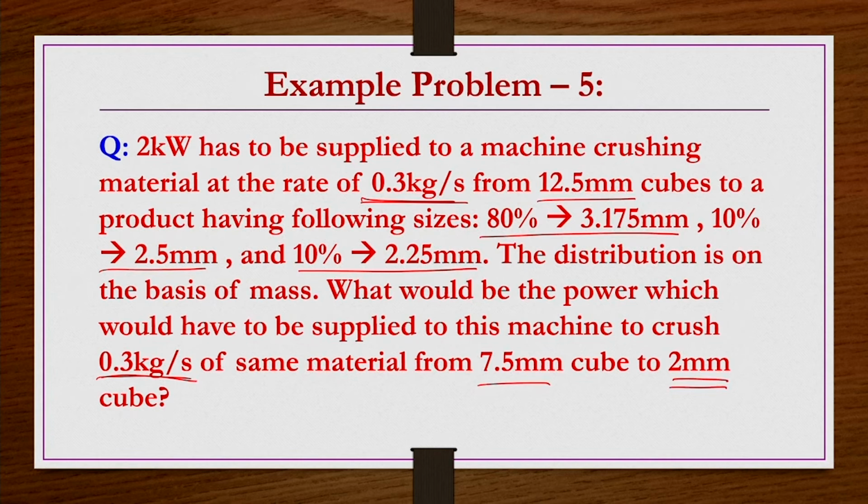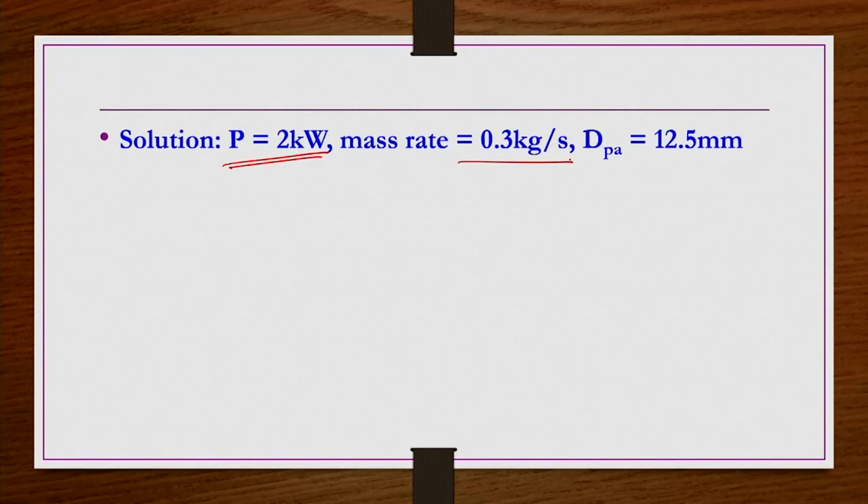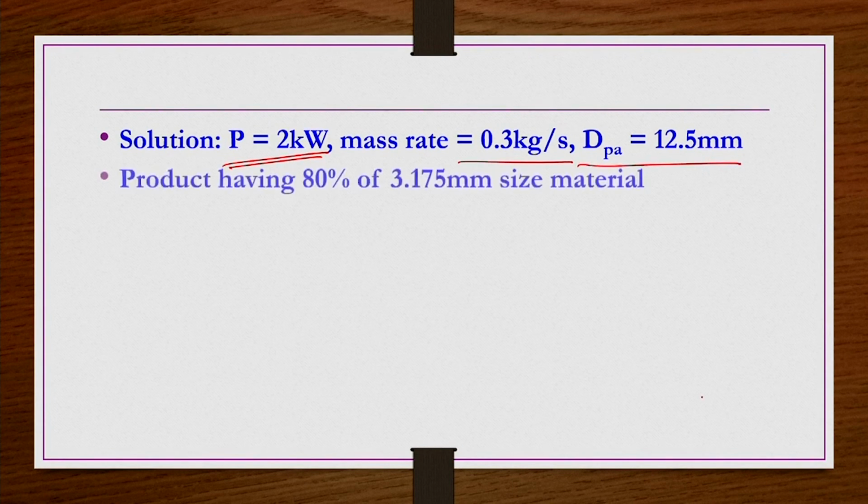So in the first case all the details are given. In the second case, the power you need to find out. Okay. So in the first case P is 2 kilowatt and the mass rate is 0.3 kg per second, which you have to convert into tons per hour. dPa is 12.5 mm, it is given.